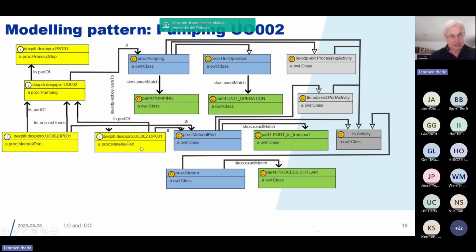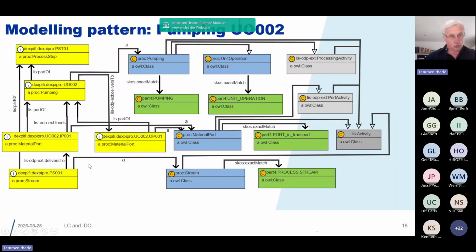And then we have an additional material port, and here we see the other object property delivers to. From this pumping to the next material port, we have delivers to.